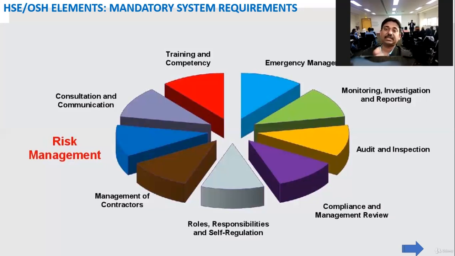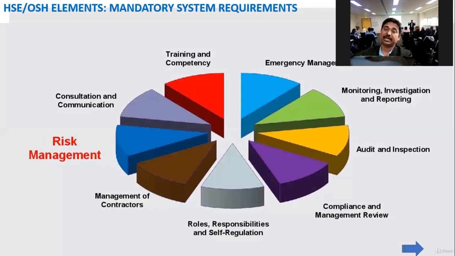So everything is related to your risk related emergency management, monitoring, investigation, and incident reporting of your risk, audit and inspection of your high risk activities, compliance and management review as per legal requirement, how to control the risk management, roles and responsibility of each staff, how to control the risk mitigation, what is their role in case of emergency management or a high risk activity when they carry out the high risk activity.